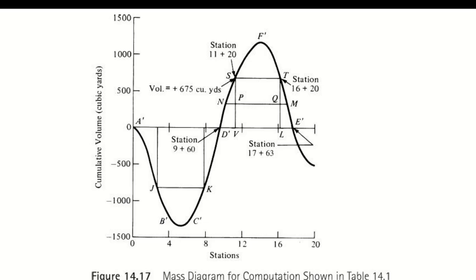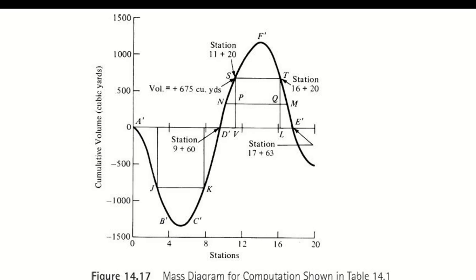Up to which station? 1120, right? I'm going up to 1120, so my distance is 1120 minus this mid. This is my distance.